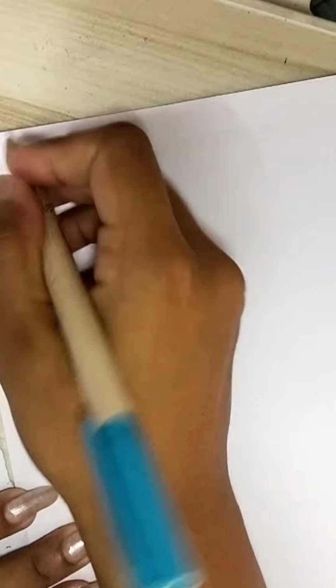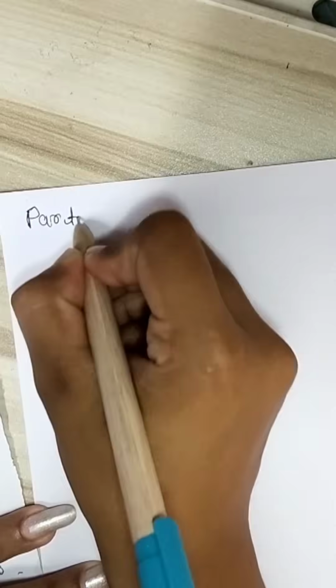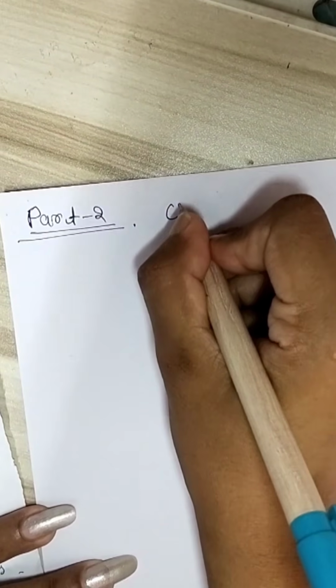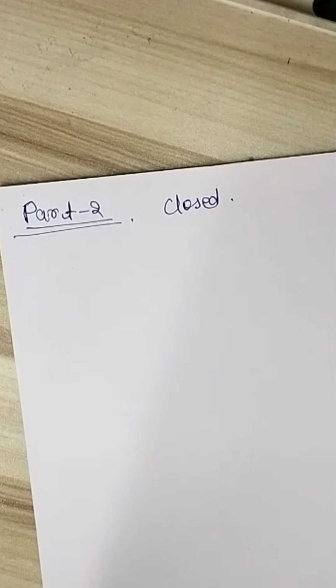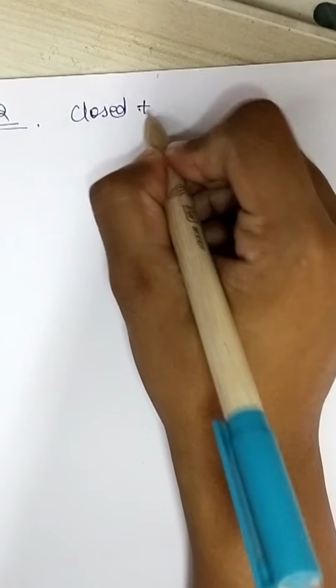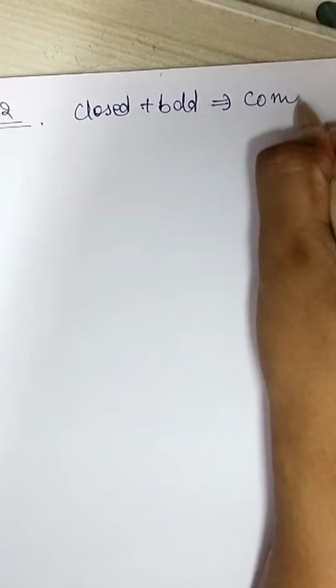Now, we will prove that closed plus bounded implies compactness.